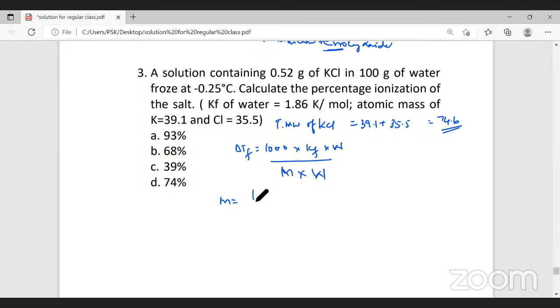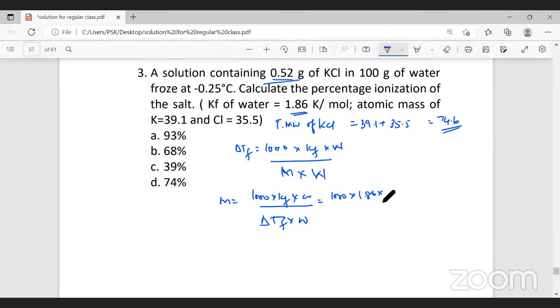So m will be 1000 into Kf into w divided by delta Tf into W. Kf of water is given as 1.86. The weight of the solute is 0.52 grams. Divided by delta Tf. They say it froze at minus 0.25.